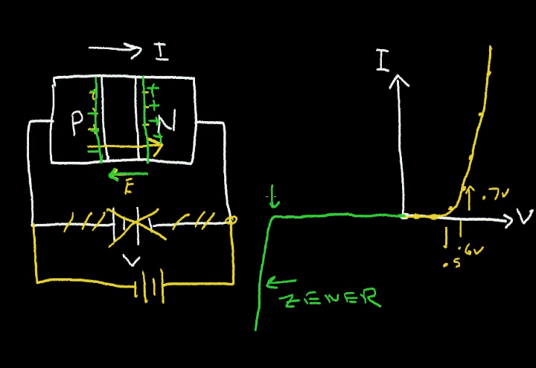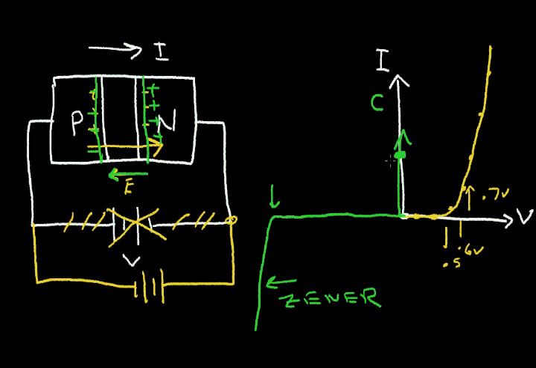And now remember that as the width of the depletion region changes, the capacitance changes. So I can also plot capacitance along with the current. Now, if I have zero bias on the junction, I may have a capacitance here.